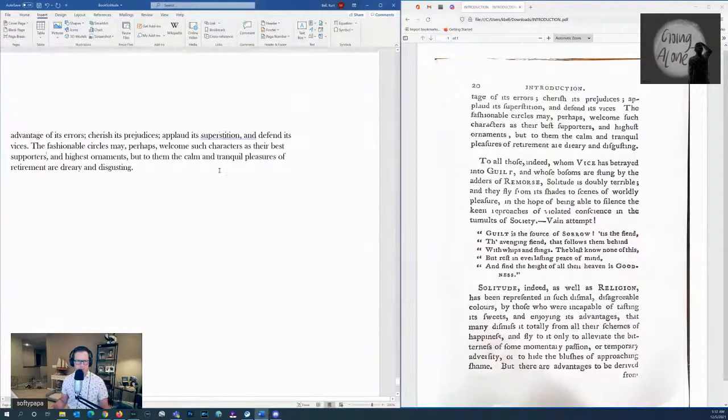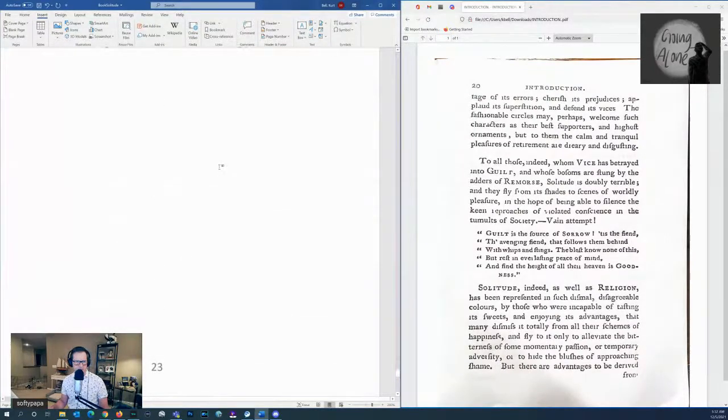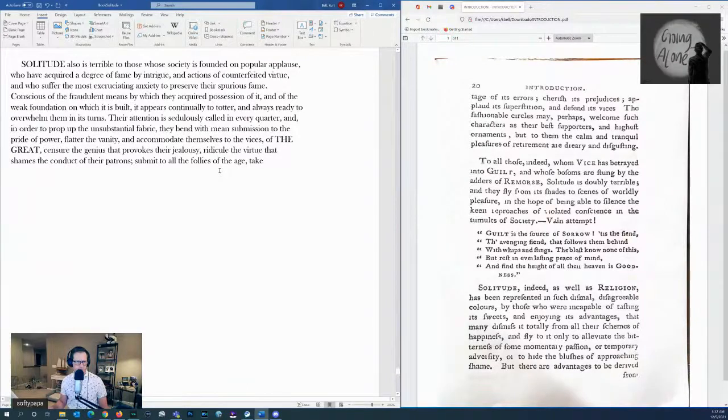Okay, so continuing from up above, it's a long sentence beginning right here. Their attention is sedulous, a new word for me yesterday. I had to look that up. That means persistent.